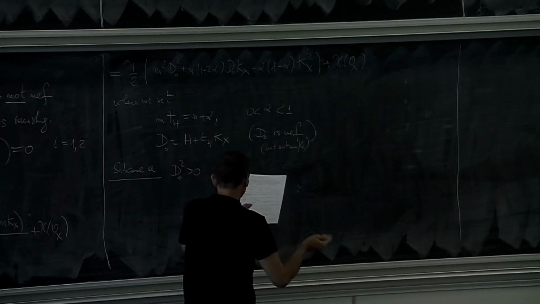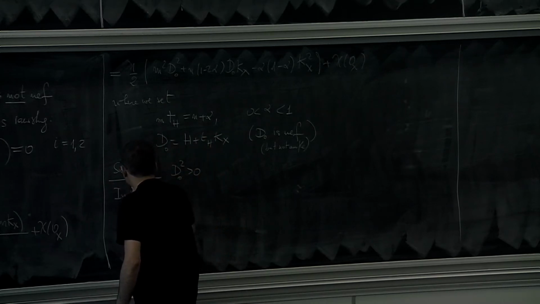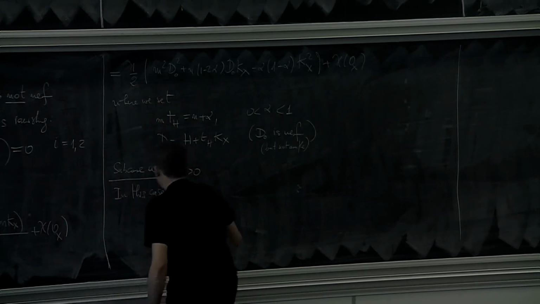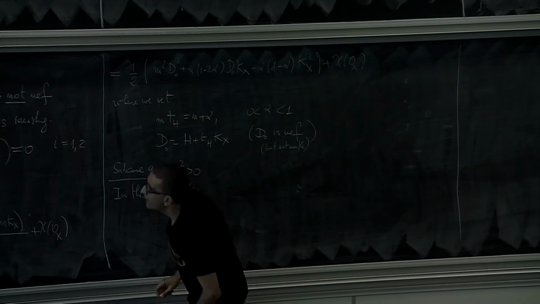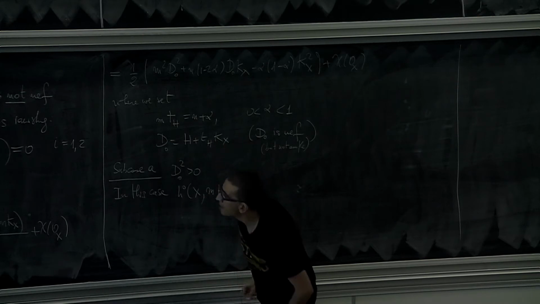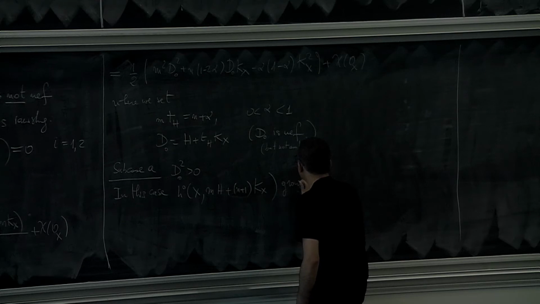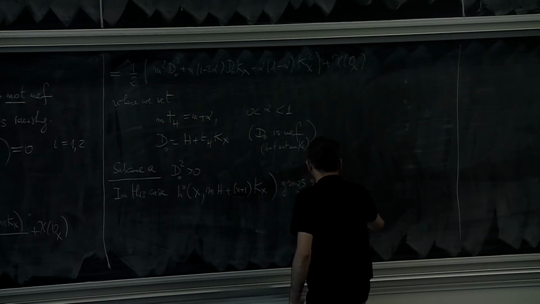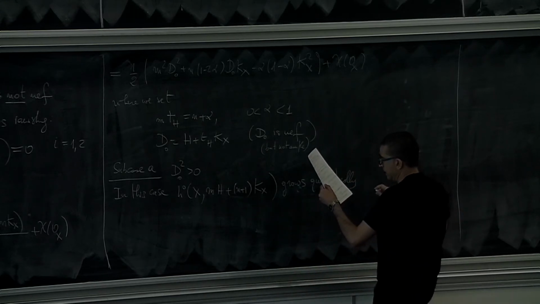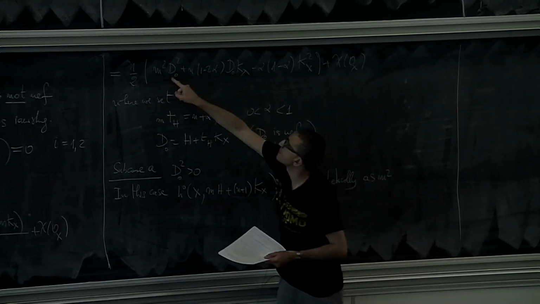So in this case, h0 of x, m h plus n plus 1 k x, grows quadratically with m, as m squared, because this is positive.